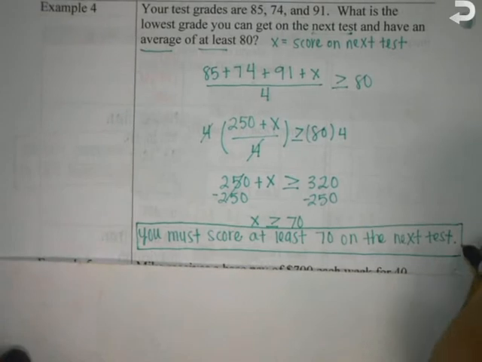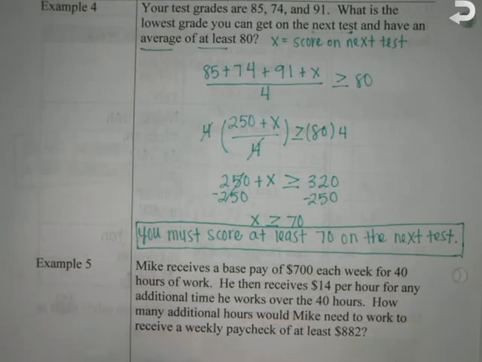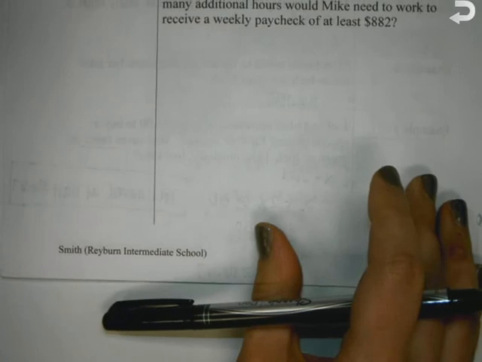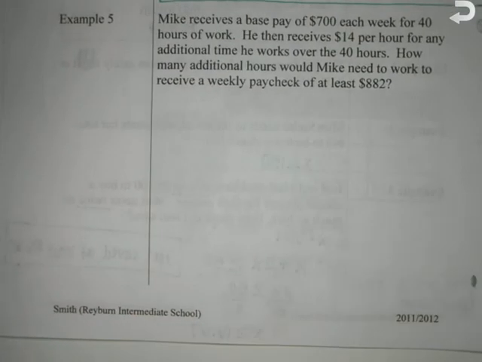Okay, last one. Example 5. Mike receives a base pay each week for 40 hours of work. He then receives $14 per hour for any additional time he works over the 40 hours.